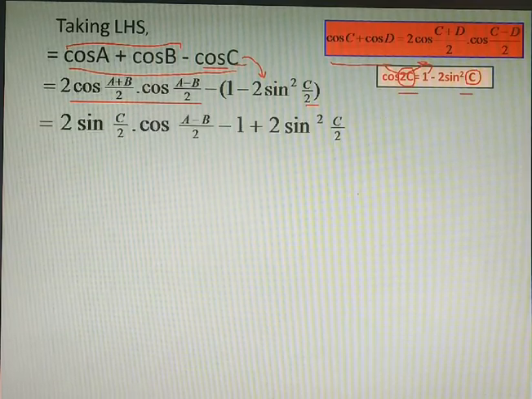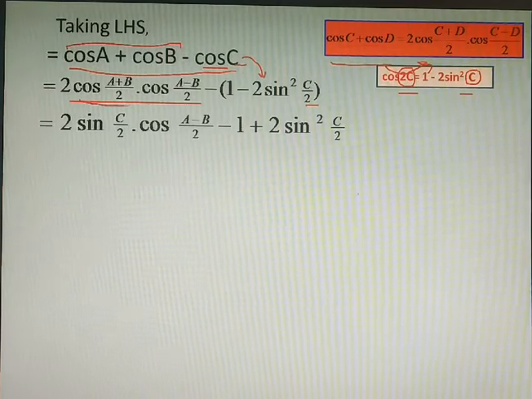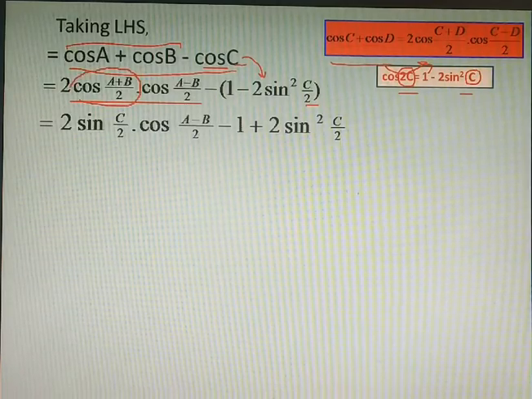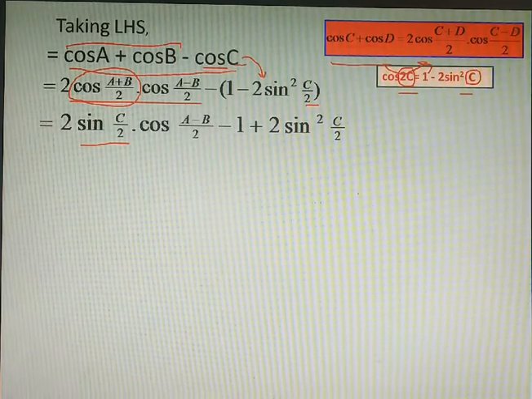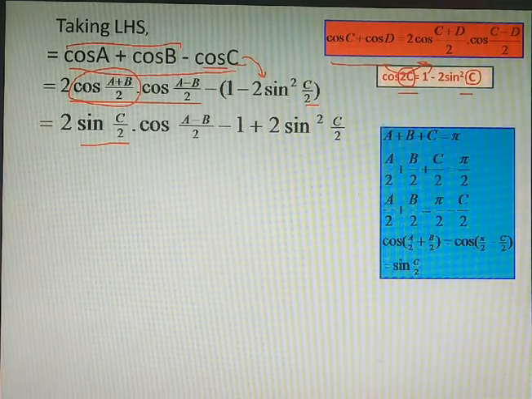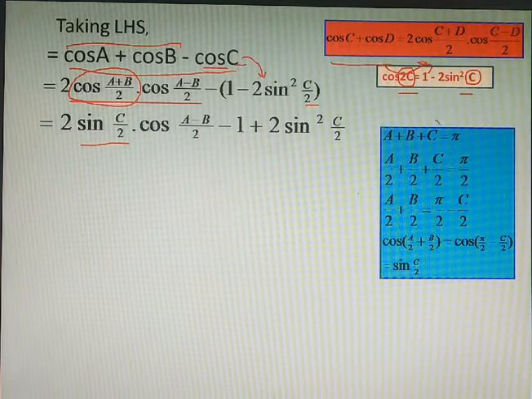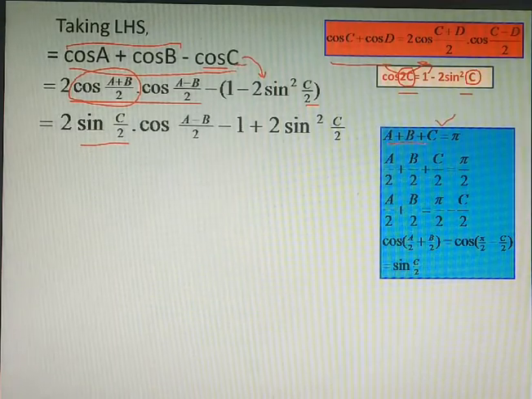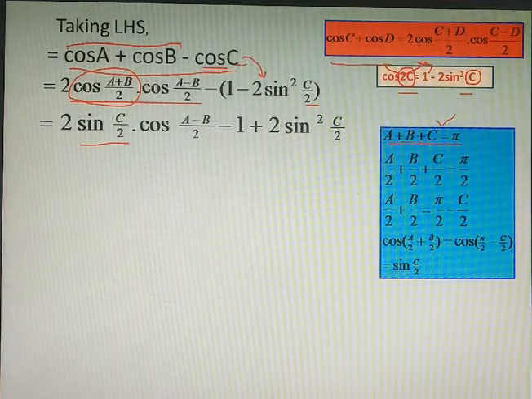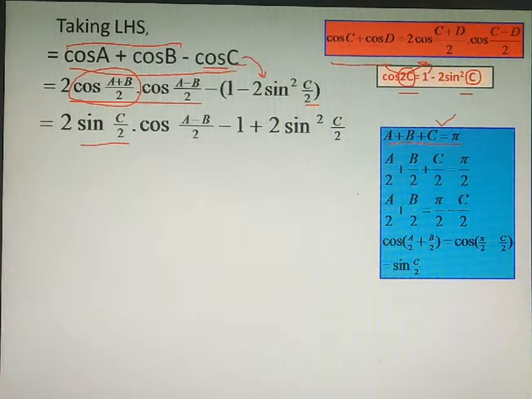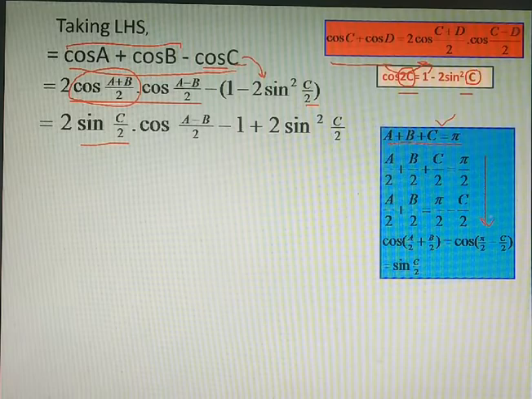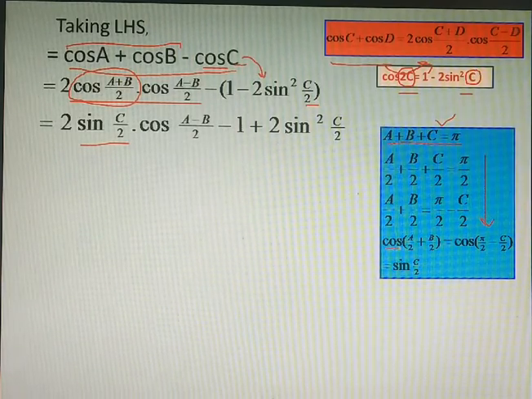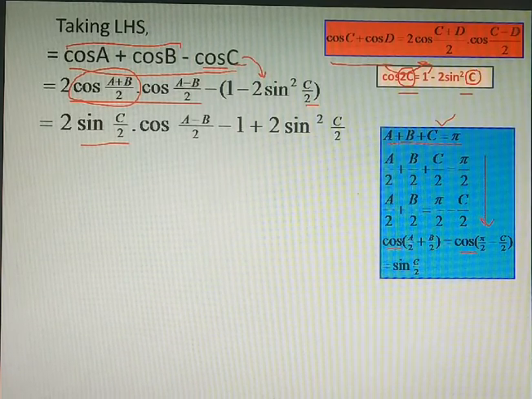After this step, we convert cos((A+B)/2) in the form of sin(C/2), and it comes following the process that you can see in this box. This comes from the condition that A + B + C = 180 degrees or π, and we will arrange the terms this way and then take cos on both sides.